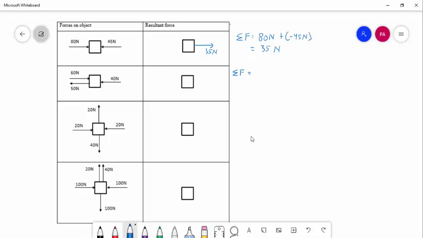Same for number 2. We have 60 Newton to the right, and then we have 50 Newton to the left. That means we'll have negative 50 Newton plus negative 40 Newton.